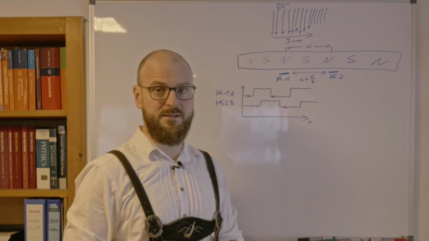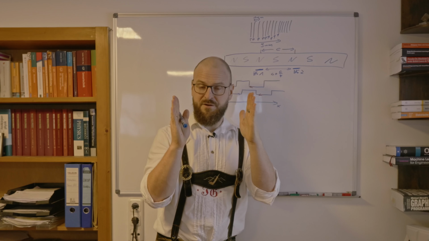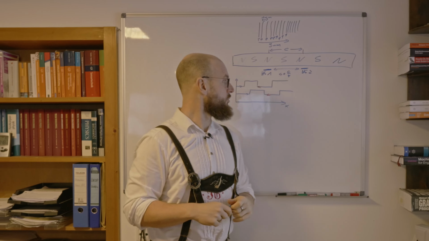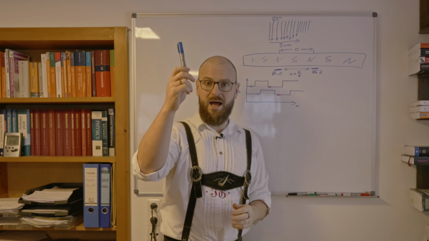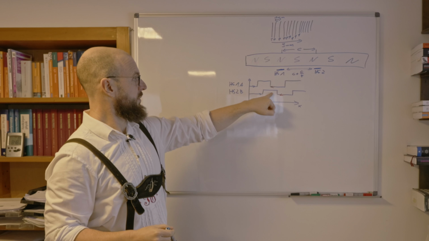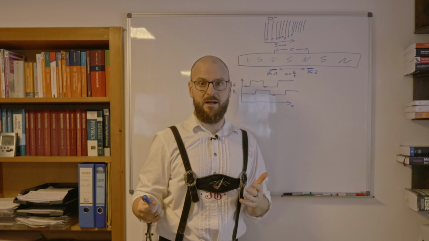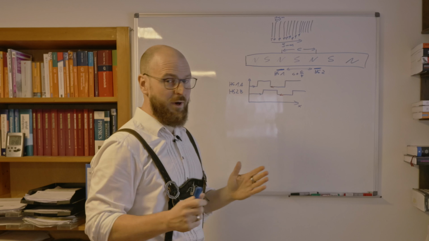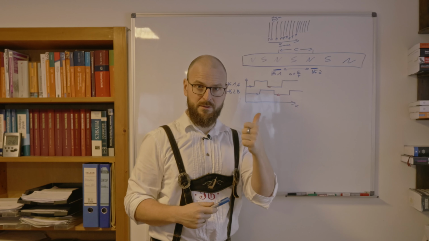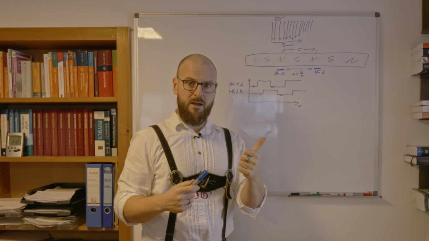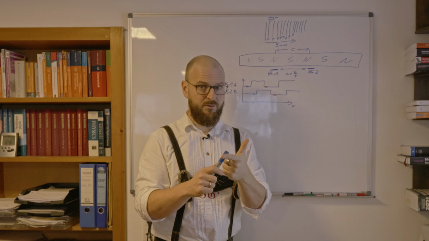By using two sensors shifted in phase by 90 degrees, we are able to decide whether to count up or to count down just by looking at which signal comes first. Great. So we can count our periods. We can count them up and down.